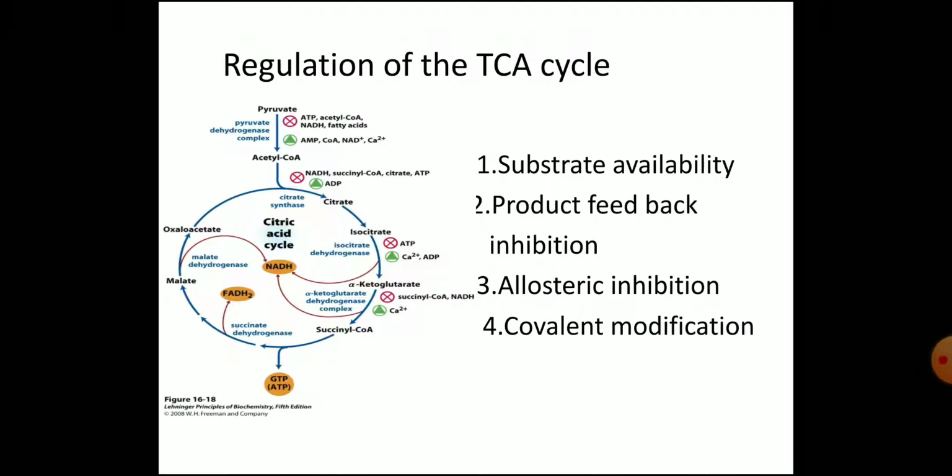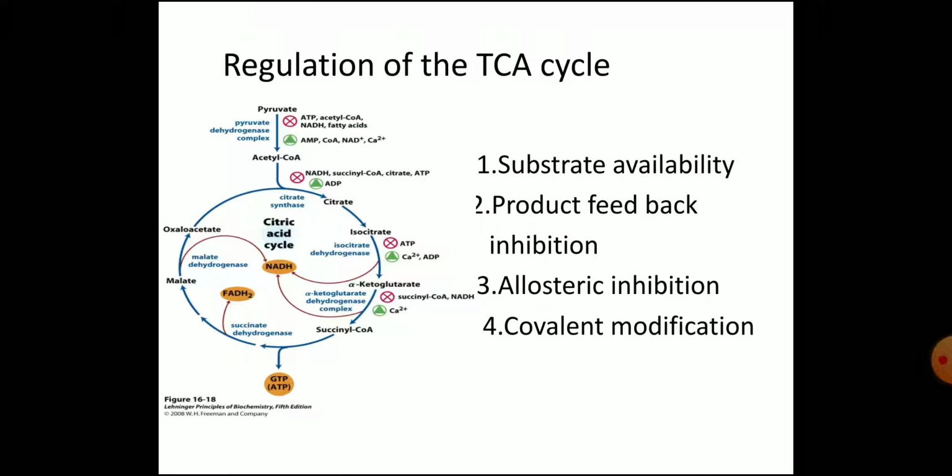Now the regulation. Usually any metabolic regulation occurs under these headings: substrate availability, product feedback inhibition, allosteric inhibition, and covalent modification. Only when enough substrates are there will the metabolic pathway operate. But if there is excess production of product, then it can also regulate by feedback inhibition.